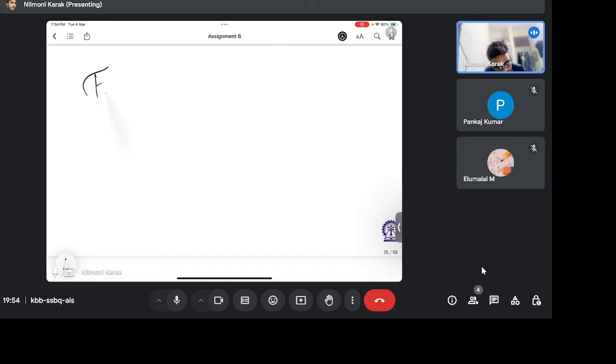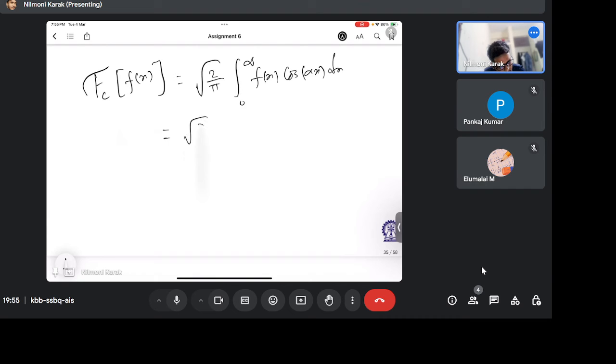So the Fourier cosine transform is root under 2 by pi, integration 0 to infinity f(x) cos alpha x dx. This is very easy. So instead of 0 to infinity, 0 to pi and x cos alpha x dx, root under 2 by pi.